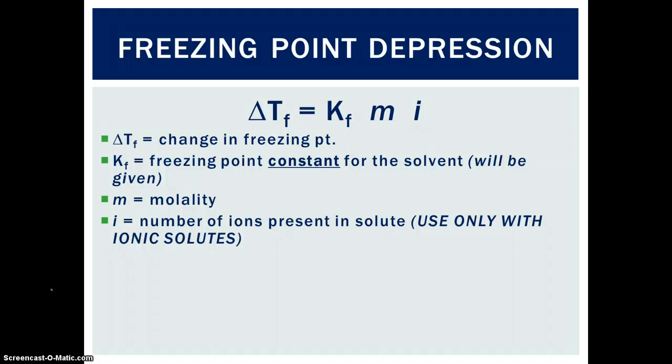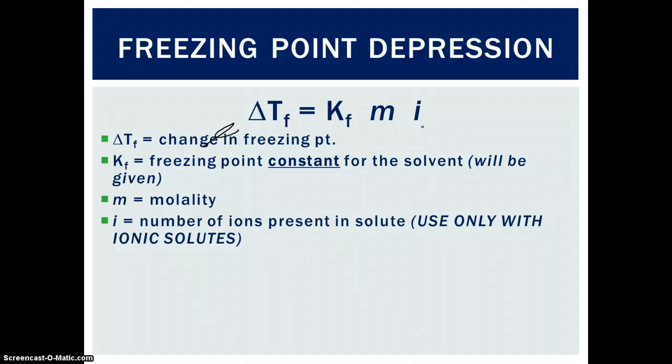So first, if you look at this equation, here it is. You find the change in temperature. This is the amount that the temperature decreases by, which is equal to this constant. This will be given to you for the solvent, the freezing point constant, times the molality, this we can calculate, times the number of ions present in the solute.